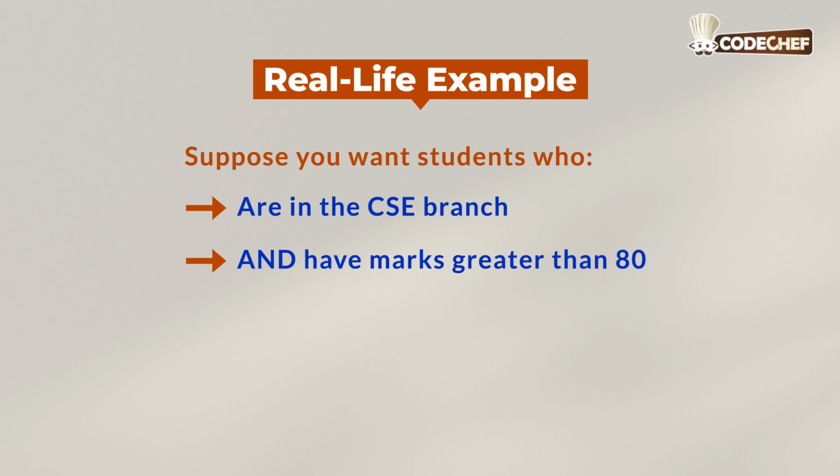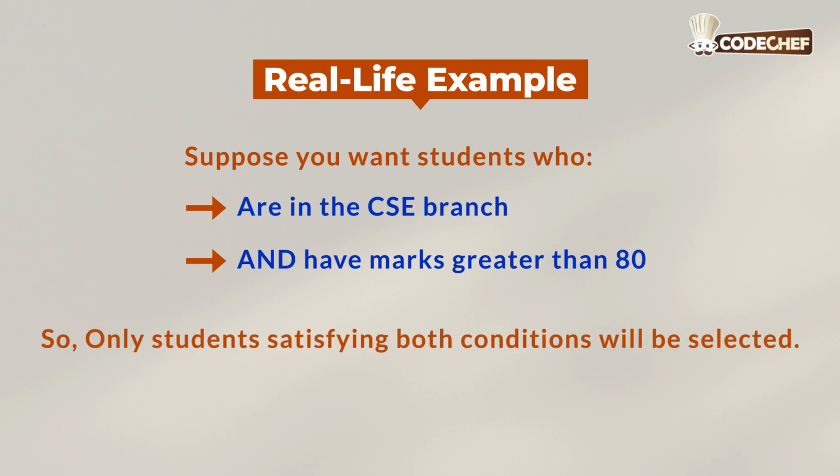Now when we are putting an AND operator in between them, then we will get the data for only those students who satisfy both conditions. Now let us go to the CodeChef platform and see an example of the AND operator in SQL.